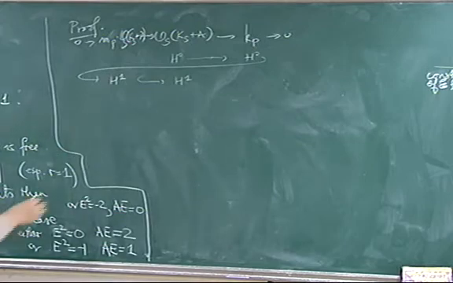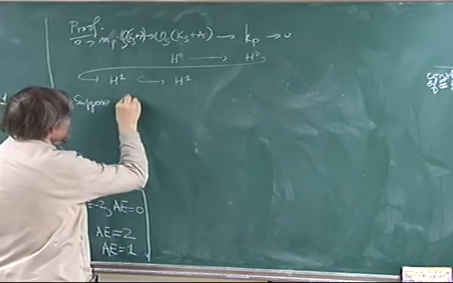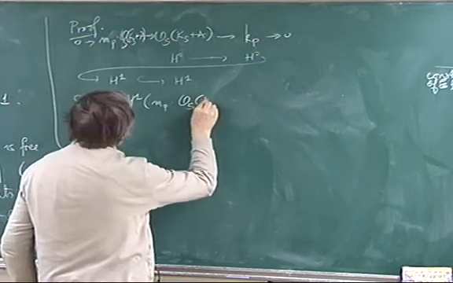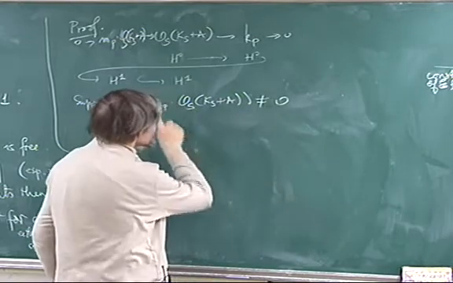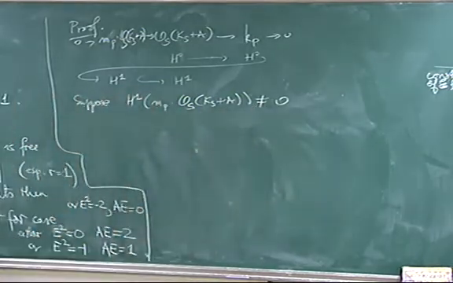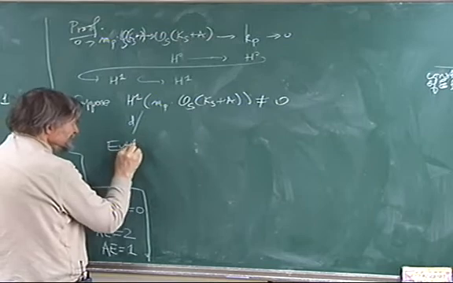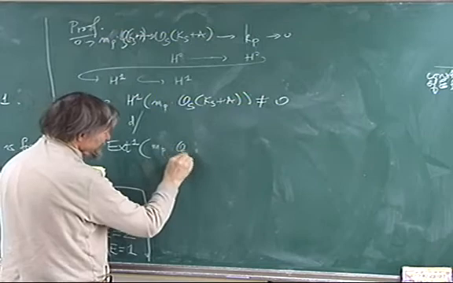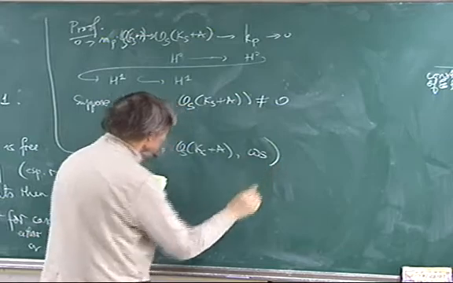So suppose that H1 of MP times OS of KS plus A is not 0. So this is dual to Ext1. I can write the same sheaf there, MP times OS of KS plus A, and then I can write omega S there.